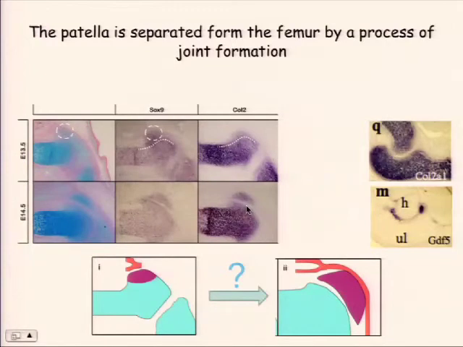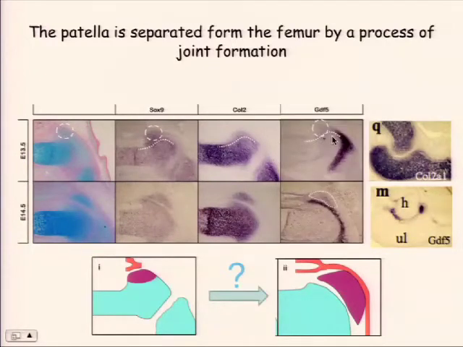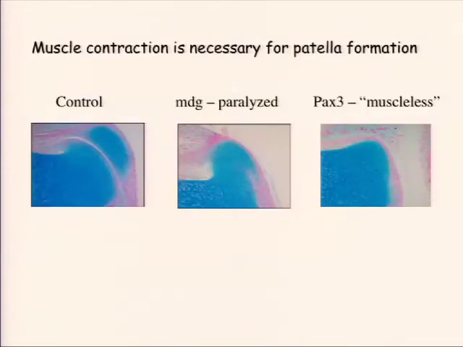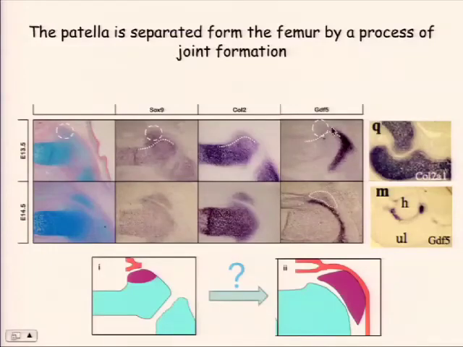We were able to demonstrate that by looking at GDF5 as a marker, and many other markers for joint formation, showing that initially in the region where the patella is forming, GDF5 is not expressed. However, at the moment when the patella is about to separate, GDF5 comes up, suggesting that indeed there is joint formation. So that clearly suggests that you can form new bones just by initiating a process of joint formation.